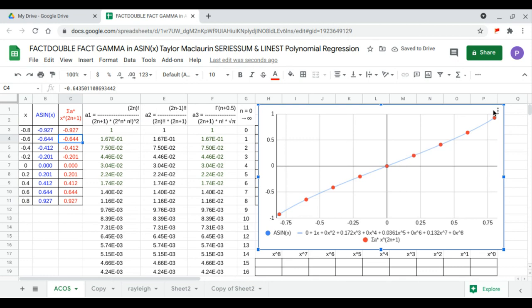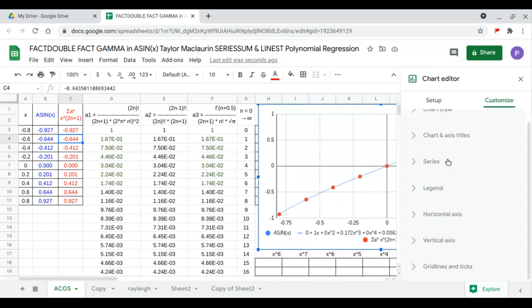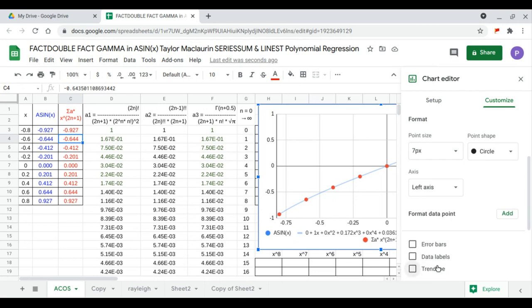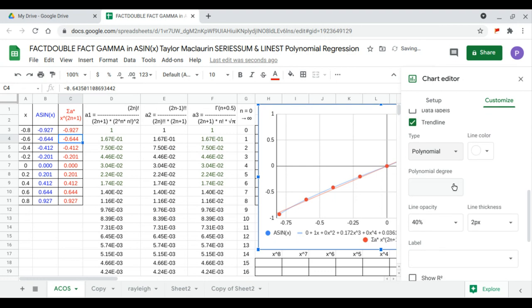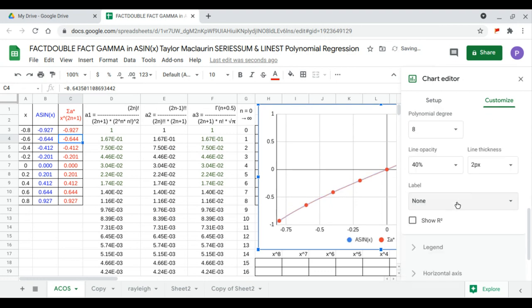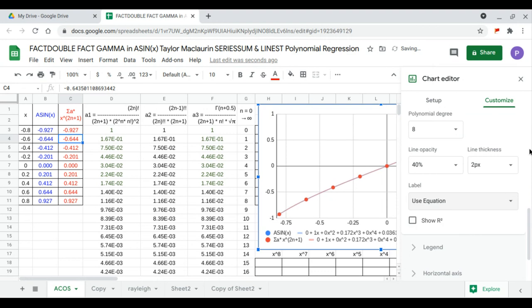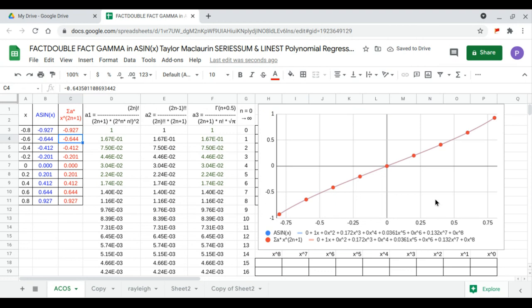And we show the trend line and polynomial. So that series, trend line, polynomial to the 8th degree, and the label, use the equation. So here we have the polynomial to the 8th degree and the trend line.